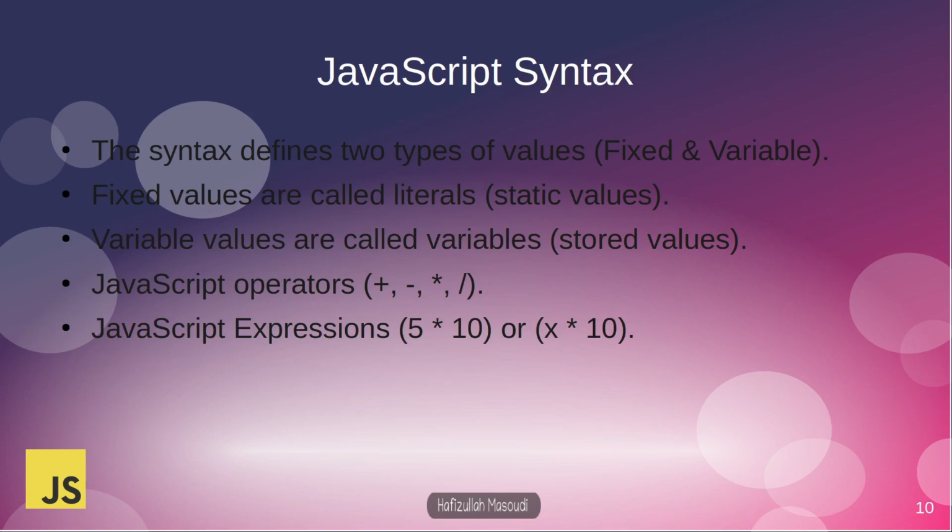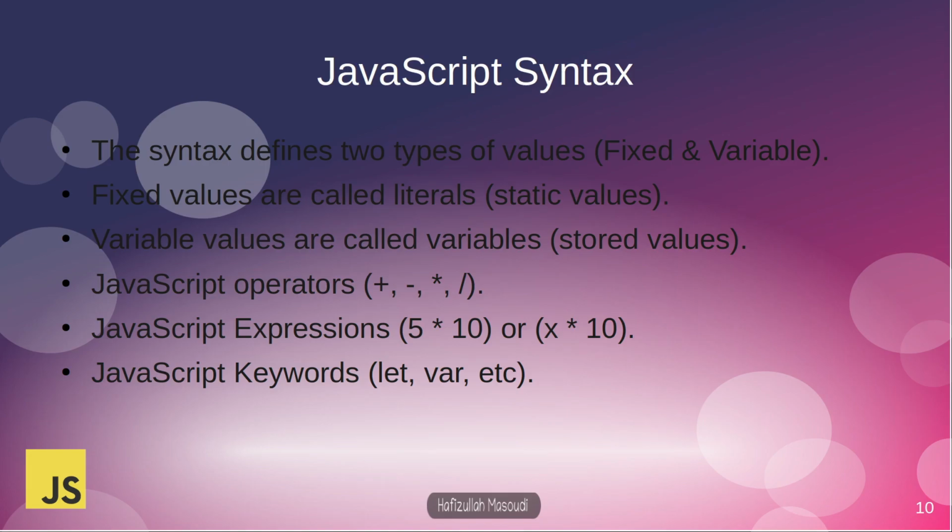And we have expressions too. So 5 multiplied by 10 is a kind of expression in JavaScript, or x multiplied by 10. And we have keywords also, which is let, for example, or var, etc. So these are all kinds of concepts that come inside a JavaScript statement.